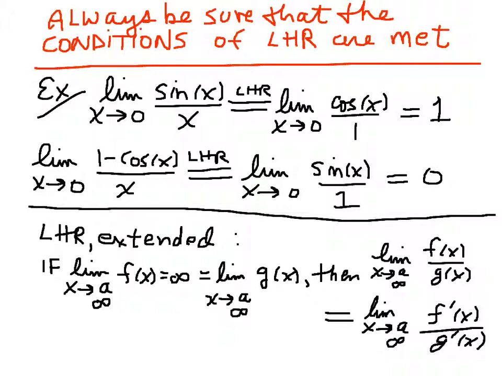So here is what we would call the extension of L'Hopital's rule. In this case, what we're looking at is the limit as x approaches a or infinity of f of x, and if that equals infinity, and the same thing happens with g of x, so in other words, we're getting infinity over infinity, which is another indeterminate form, then the limit as x approaches a or infinity of f of x over g of x is equal to the limit as x approaches a or infinity of the derivative of f over the derivative of g.